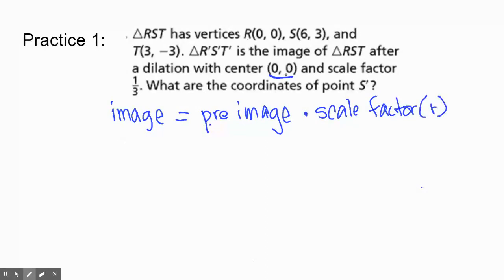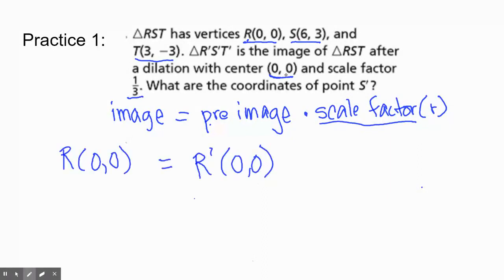We have the pre-image coordinates R, S, T. We have the scale factor. It's given to us. It's 1/3. 0, 0 of R. We multiply by that scale factor, which is 1/3, and we get R prime at 0, 0. Let's go to S.